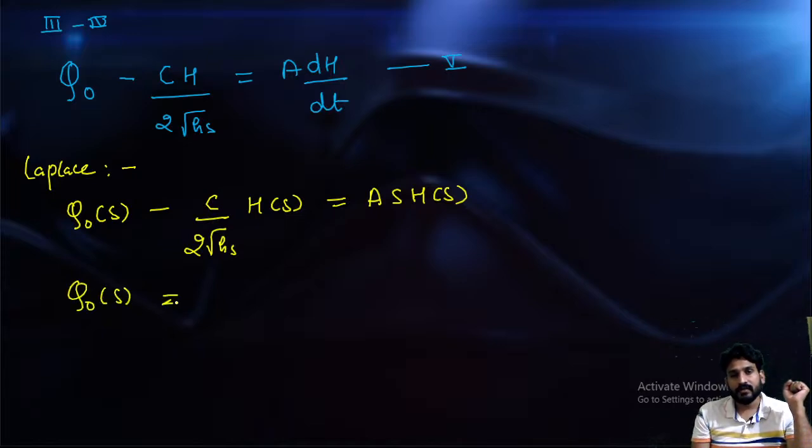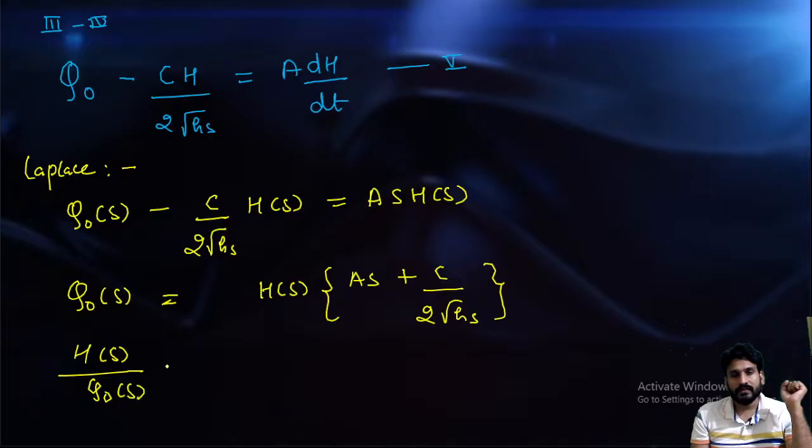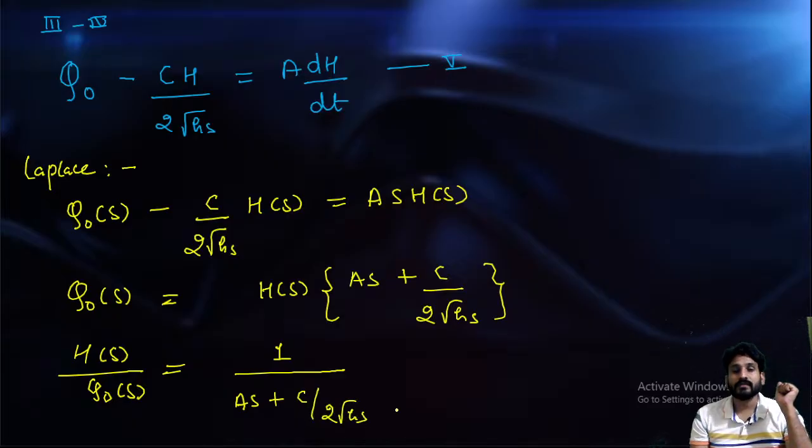Qo(s) is equal to, taking H(s) as common, (A s plus c divided by 2 under root hs) H(s). Output divided by input, so I can write H(s) divided by Qo(s) is equal to 1 divided by (A s plus c divided by 2 under root hs).